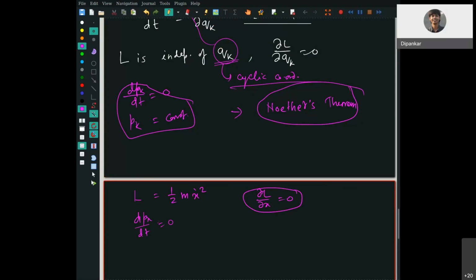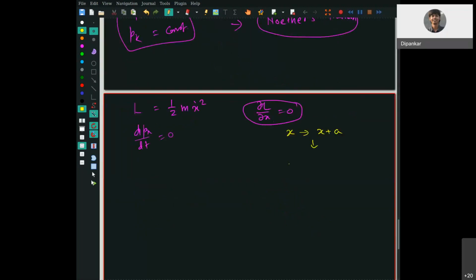Now this means that if del L del x equals 0, if L does not depend on x, then if I change x by an additive constant, that means if I translate the origin, if I change x to x plus a, my Lagrangian does not change.